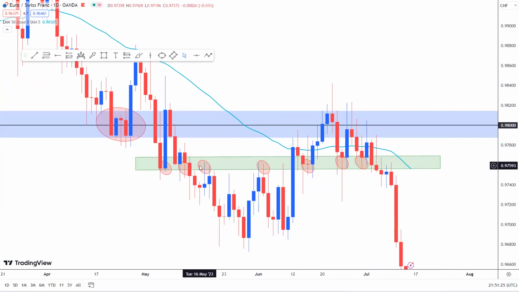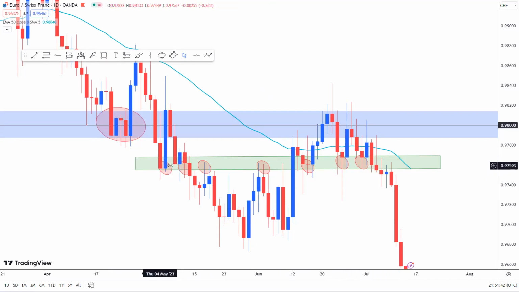Then, you can see 1, 2, 3, 4, 5, 6, 7 number of times price has tested this level and then seen some form of reactions off of the level.